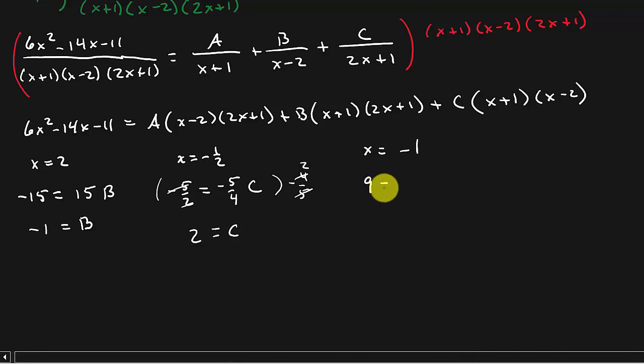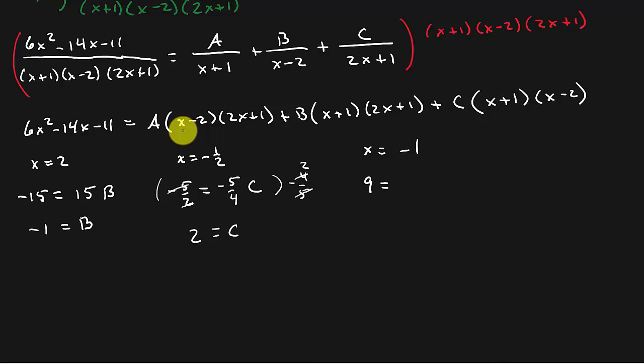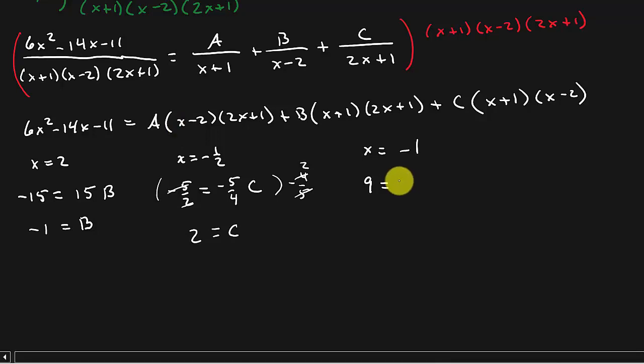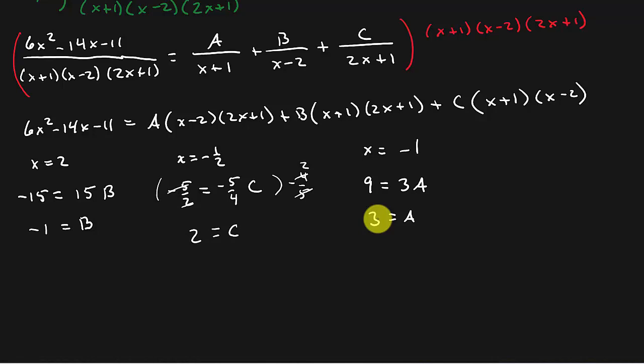That's going to be 9 equals, and let's see, this term and this term go to 0, and that's going to be negative 3 times negative 1 times negative 1 is positive 3, so that's 3a, and so I get a equals 3. All right. So, yeah, I admit it's quite a bit of work doing these things. But, it is what it is.